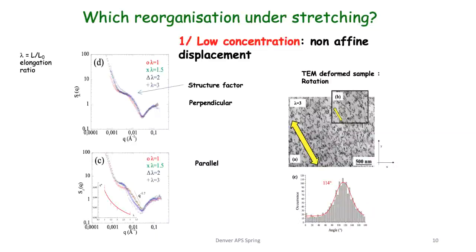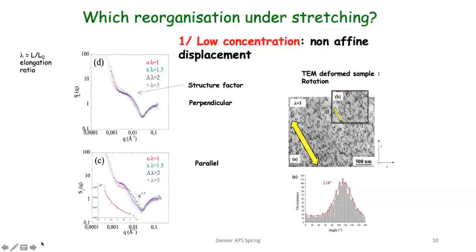As you can see here on the right, this micrograph has been made on some samples which have been first stretched and then microtomed. And you can see that there is a strong orientation of the different clusters.